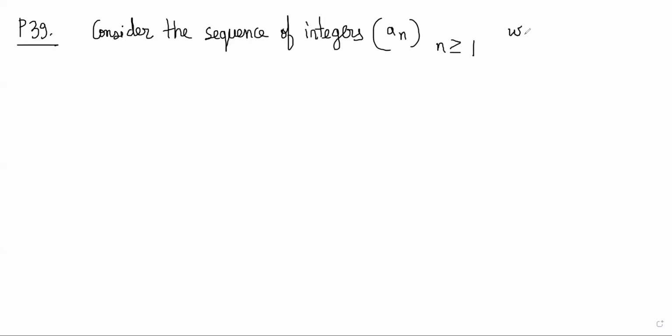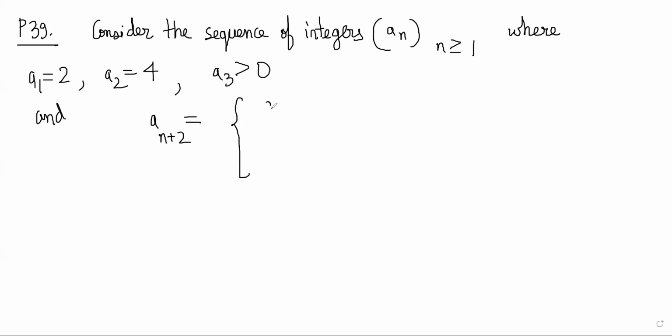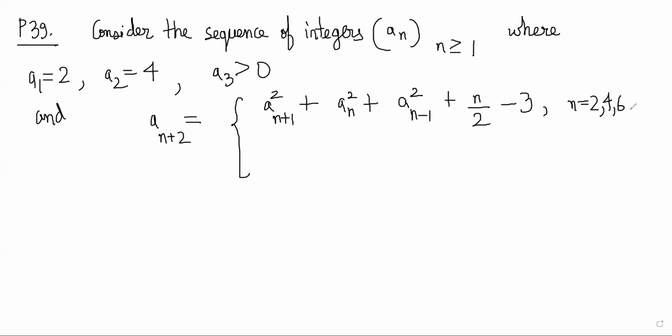Consider the sequence of integers a_n, where n is greater than or equal to 1, where a1 is equal to 2, a2 is equal to 4, a3 is greater than 0, and the condition is given: a of n plus 2 is equal to a of n plus 1 square plus a of n square plus a of n minus 1 square plus n by 2 minus 3, and this is valid for n belonging to 2, 4, 6, and so on.